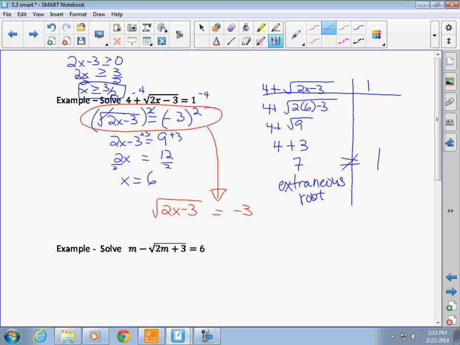So, as a hint for future solving, as soon as I see that I have a square root or a fourth root, any even root, equaling a negative number, before I even finish solving, I know I have an extraneous root. You can never square root a value and get a negative answer.